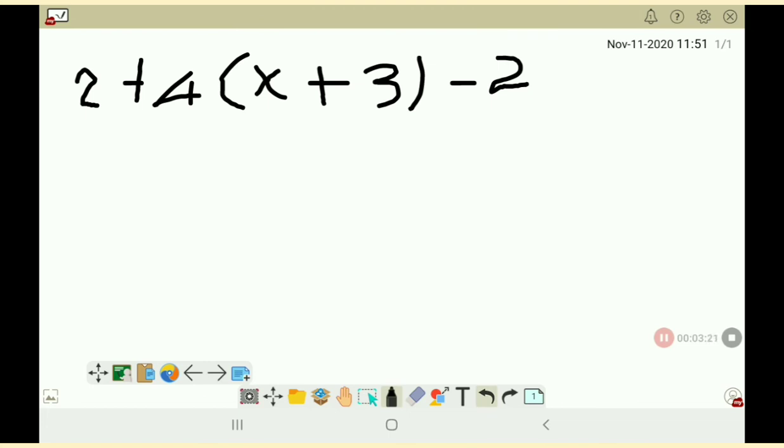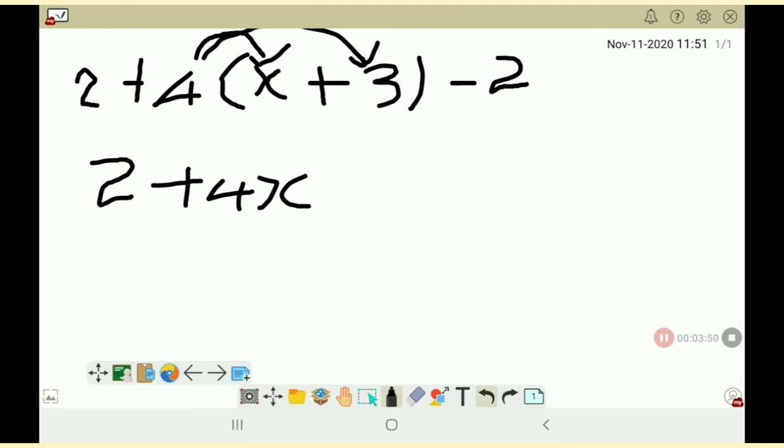We have to first expand the bracket, and then we work with the 2 at the beginning and the 2 that comes after. So we multiply the 4 by the x, as well as the 3. We put back the 2 since we're not ready for it. Then a positive 4 times x gives a positive 4x. A positive 4 times the 3 gives positive 12. And then we put back the minus 2.